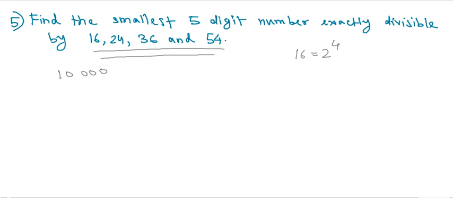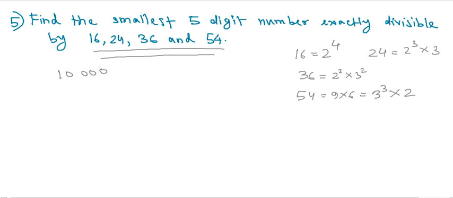For 16 we have 2 to the power 4. For 24 we have 2 cube into 3. For 36 we have 2 square multiplied by 3 square. For 54 we have 9 multiplied by 6, so that comes to 3 square, because 6 equals 2 into 3, so we have 3 square multiplied by 2.